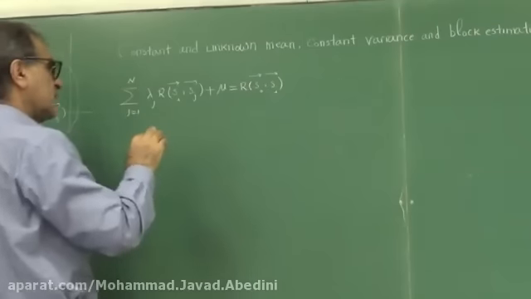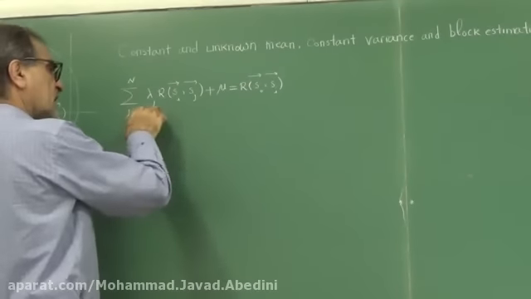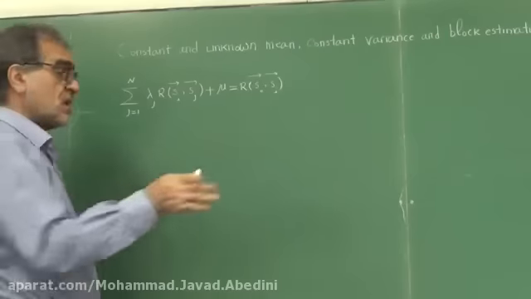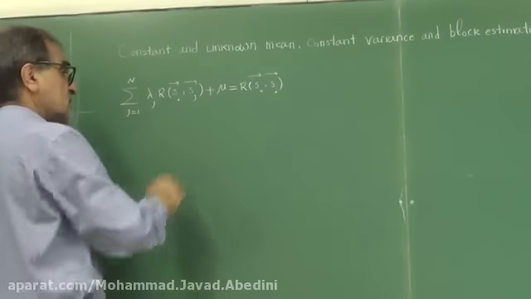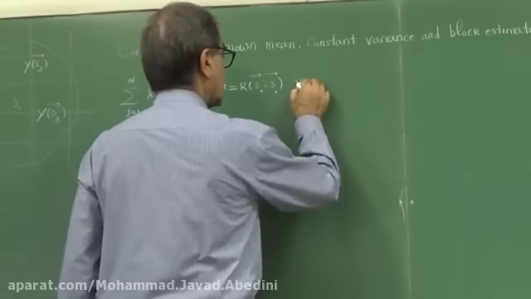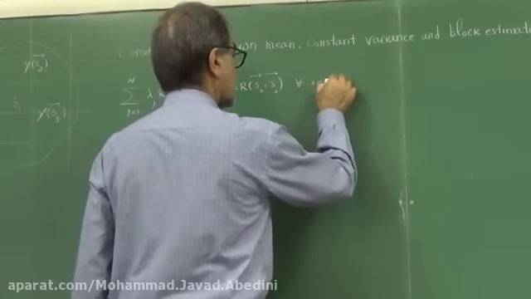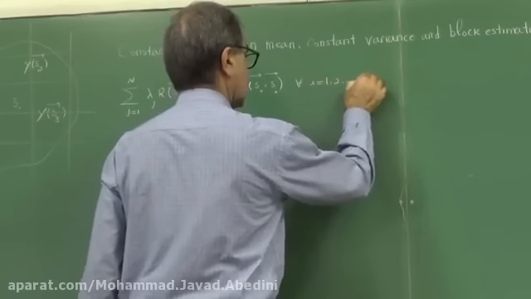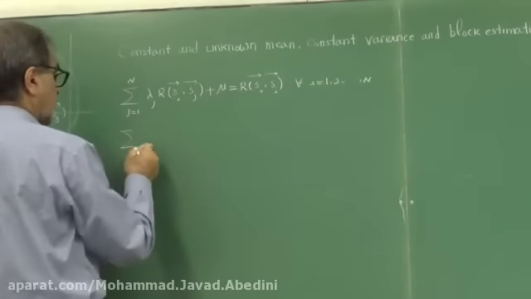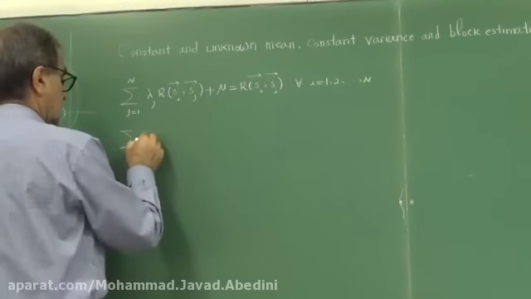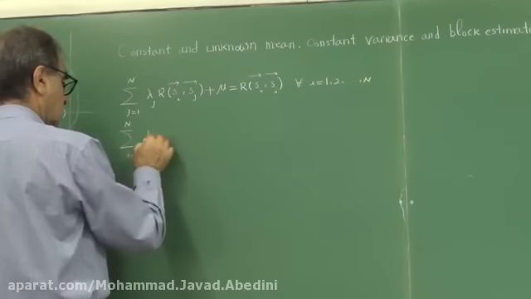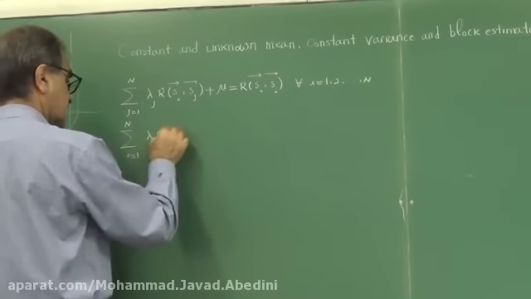Please pay attention that both lambda j and mu will be a function of s0. If you change s0, then this vector lambda and this scalar quantity mu will change. I has to go from 1 to n, and here j has to go from 1 to n, lambda j, which is a function of s0.